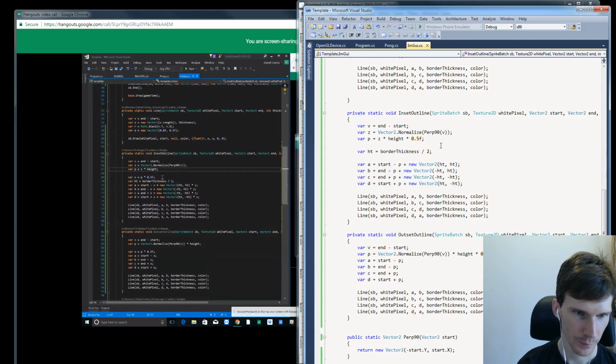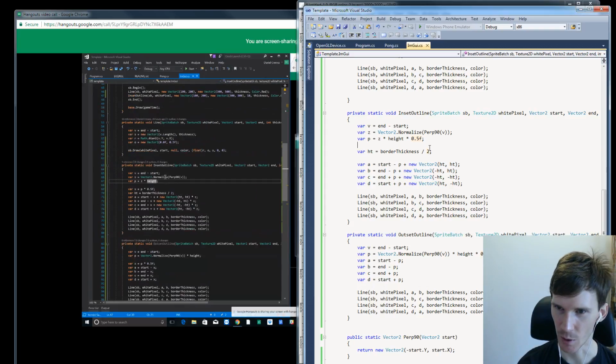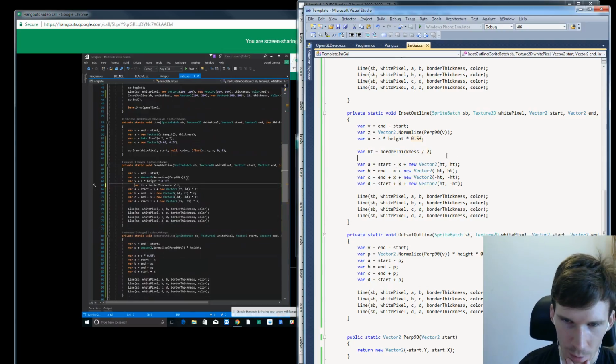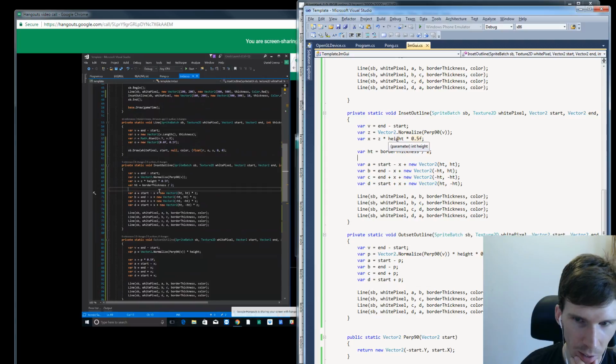Let's consolidate p and x down to one variable. Okay, so we've simplified a bit. We've got v, z, x, and the half thickness.